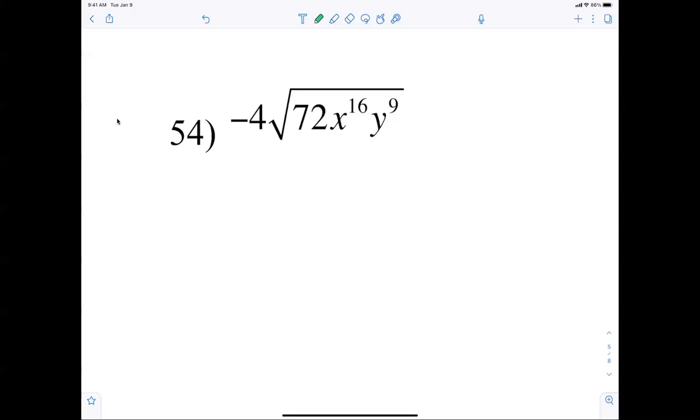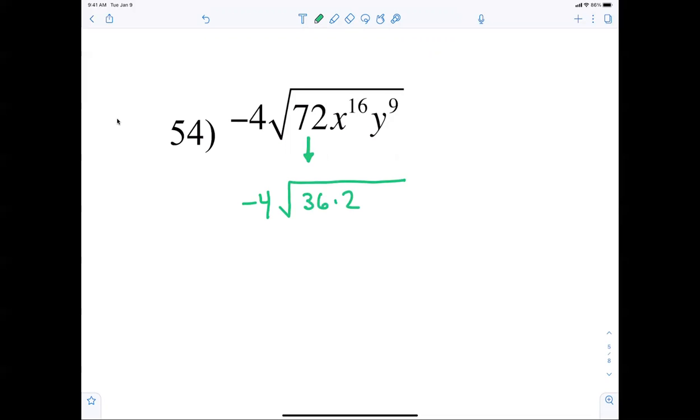Okay, let's take care of this now. 72, we've done multiple times. 72, most people think is 9 times 8, but we don't, because we're special. We know it's 36 times 2.